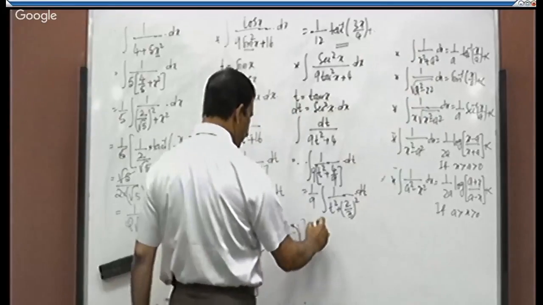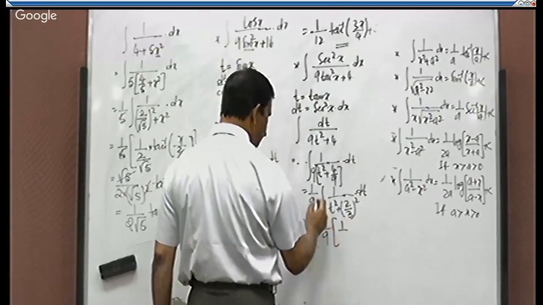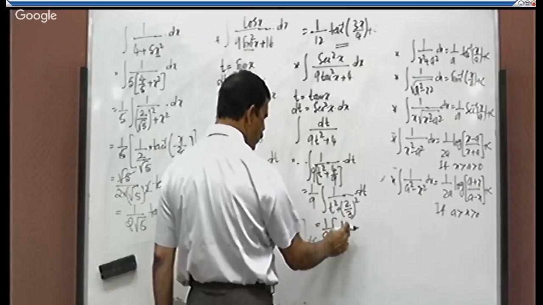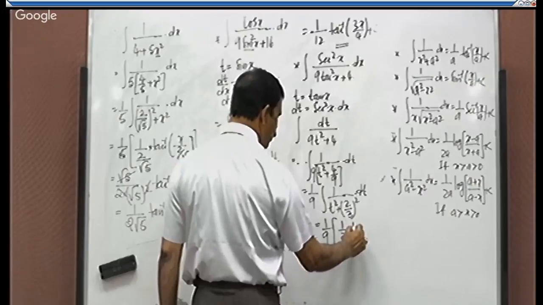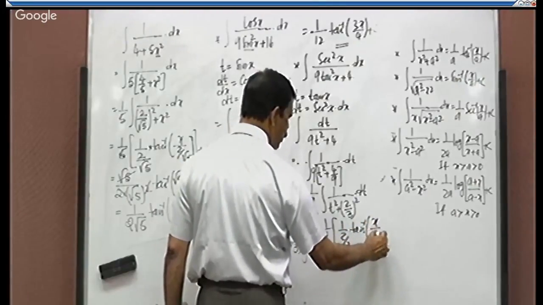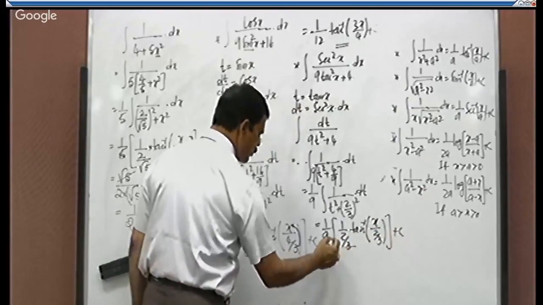So the answer is 1 by 9 into 1 by a. 1 by 9 is constant, we have taken it outside, you write it as it is. Then 1 by a is 2 by 3, into tan inverse of x by a plus c. 3 1s are 3, 3 3s are 9.